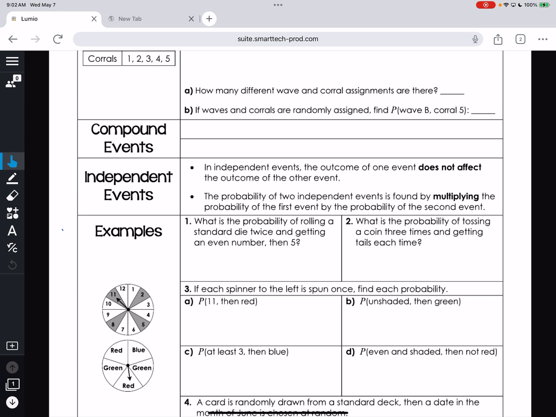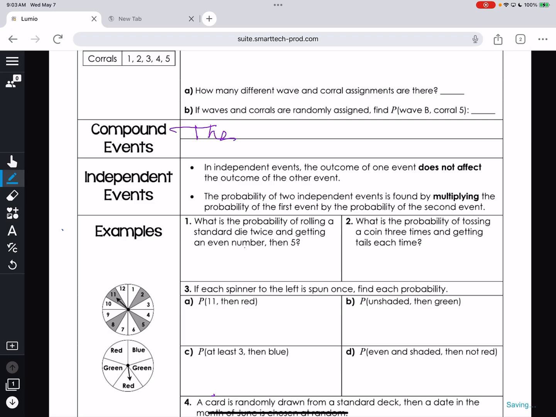I think this is going to make sense, and I think this is like a fly-through thing. There's just one little caveat we have to keep up with. Here we go. A compound event is what you've just been working on.